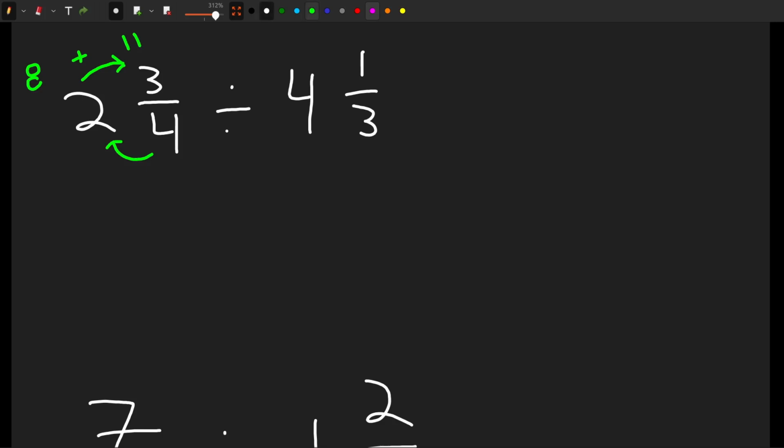So for the first fraction, we will have 11 over 4. I'm going to keep it as division right now, so that way we don't get too mixed up. And then for our second fraction here, we'll have 4 times 3, which is 12. And then we will add the 1, which gets us to 13. And so then we will have 13 over 4.